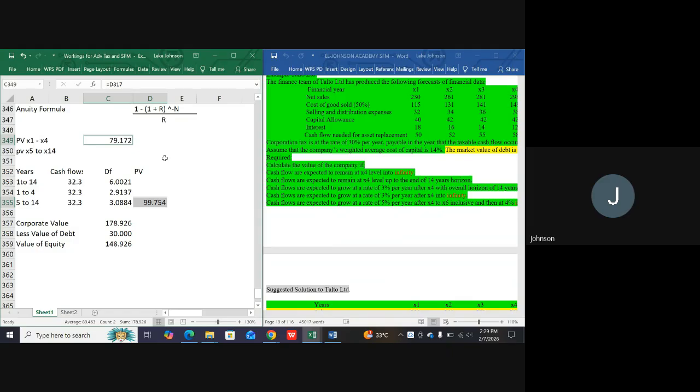After you've taken your profit before interest and tax, you've done all your additions and subtractions, you've gotten your free cash flow. It is that free cash flow that you discount to present value to get the value of the business. So it's not any cash flow at all.